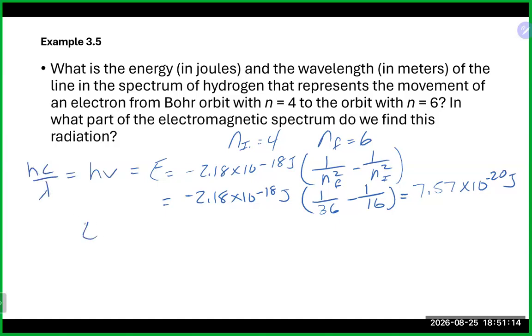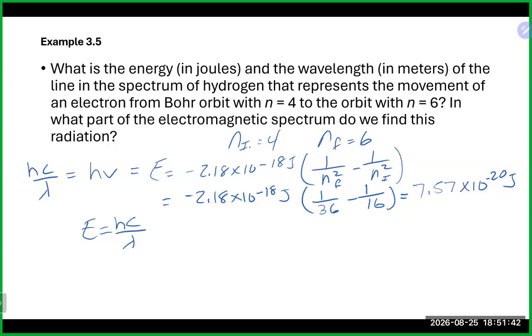So this is the same equation that we used earlier, and we're just going to use the change in energy for our energy. In this case we're okay because our energy is a positive value. But if you come across a situation where your energy is negative, you need to make it positive when you calculate something like wavelength or frequency, because the wavelength and the frequency should be positive numbers.